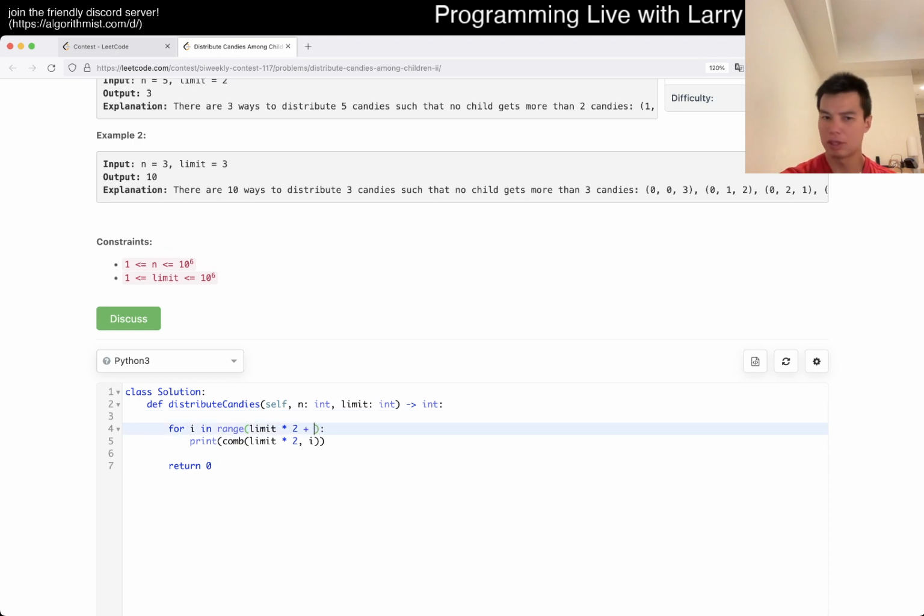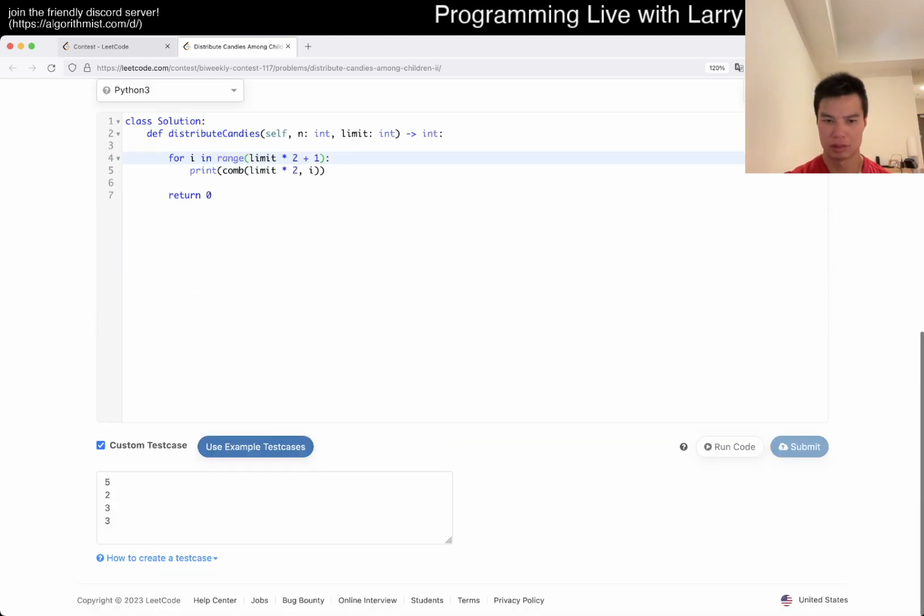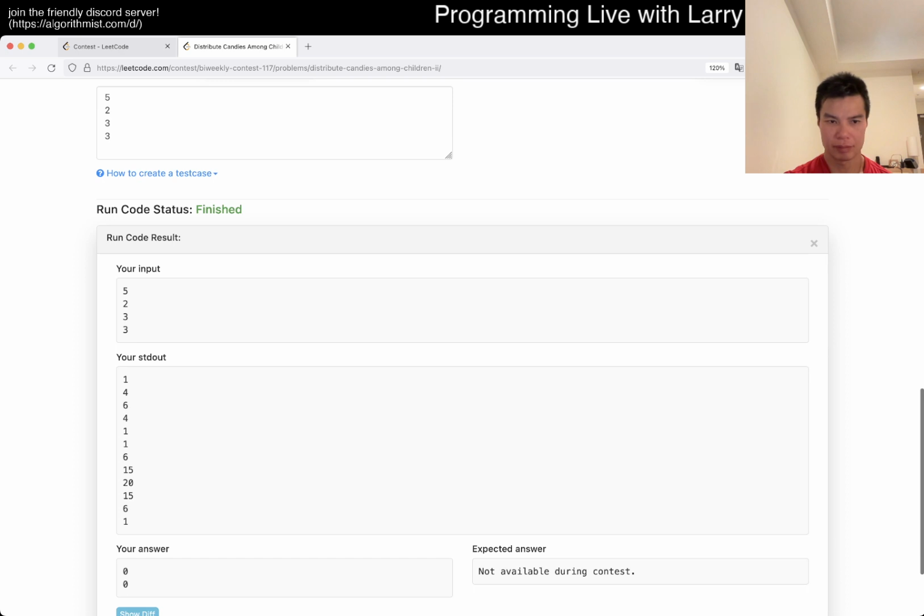What is the thing I'm thinking of? I mean, this is binomial, but 1, 2, 3. Am I just being dumb?